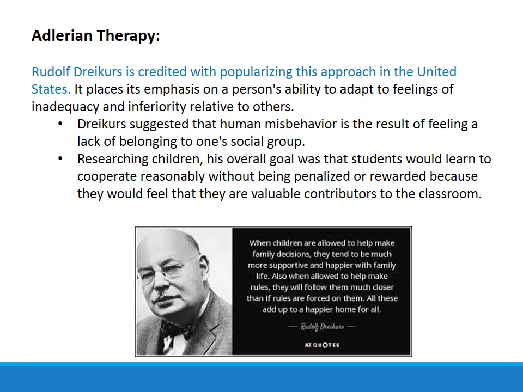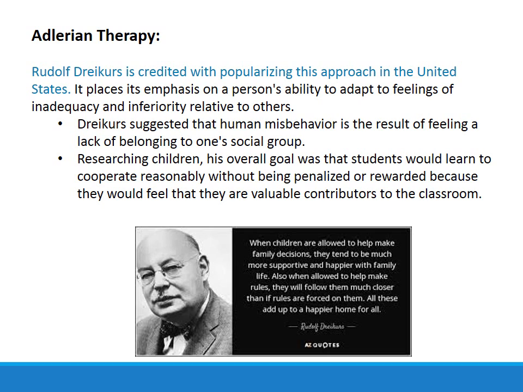Then we have Adlerian theory. Rudolf Dreikurs is credited with popularizing this approach in the United States. It places its emphasis on a person's ability to adapt to feelings of inadequacy and inferiority relative to others. He based his work on Alfred Adler's work, which is why it's called Adlerian Therapy.